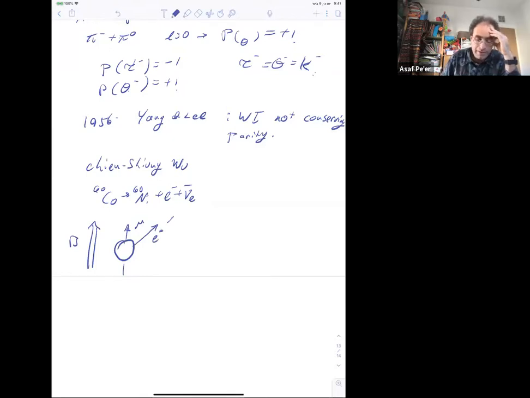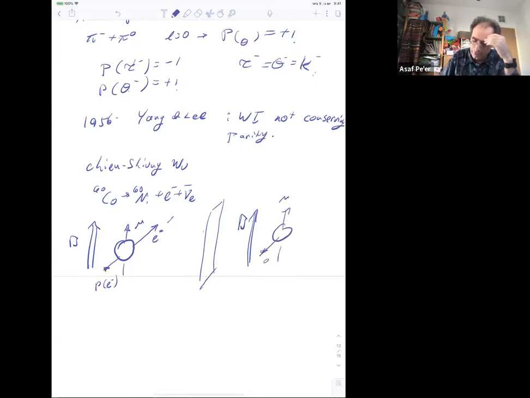And if there was parity conservation, then it should also go in the opposite direction at the same rate, right? Because if we do a parity, so if you put a mirror, do a B, then the nuclear spin and then the electron should go in the opposite direction.